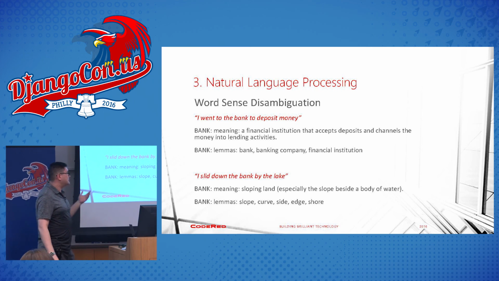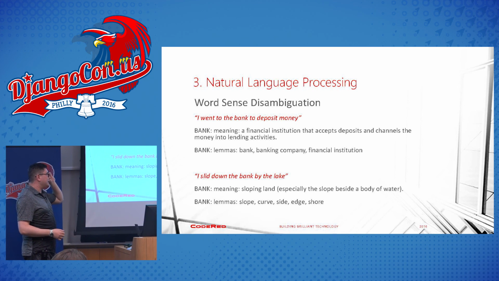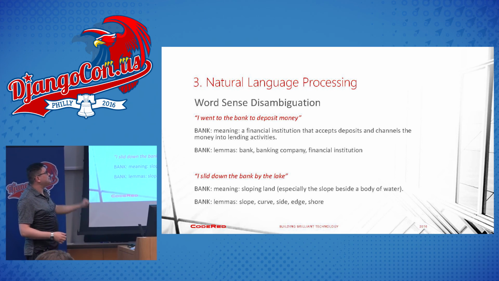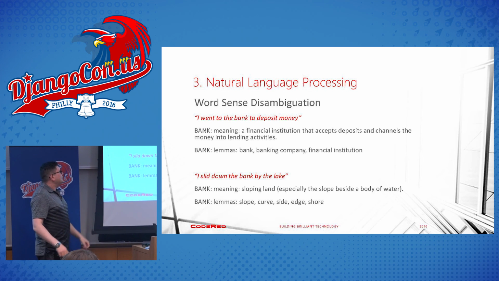So here's our same example once again. I went to the bank to deposit money. Here we identify bank as a meaning, and it is, in this case, a financial institution that accepts deposits and channels the money. The lemmas would be bank, banking company, financial institution. There's probably more.